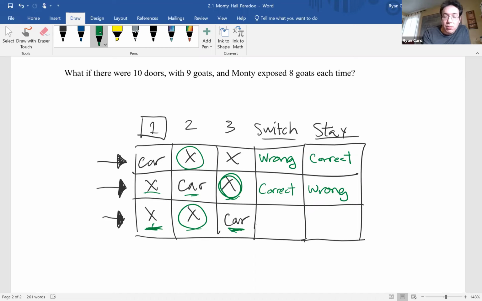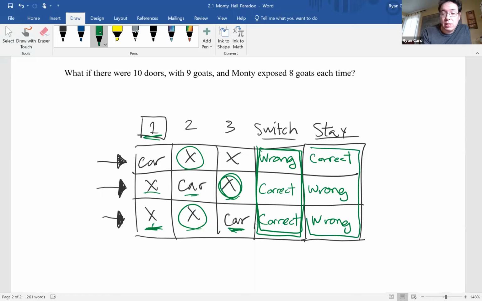And now you might be able to see that we've listed out all possibilities in the case where you chose door number one. You would be making the correct decision 2/3 of the time. And if you stuck with the staying strategy, you'd be correct only 1/3 of the time.